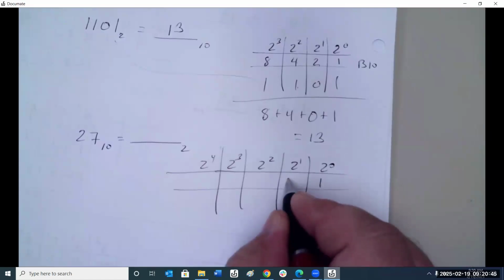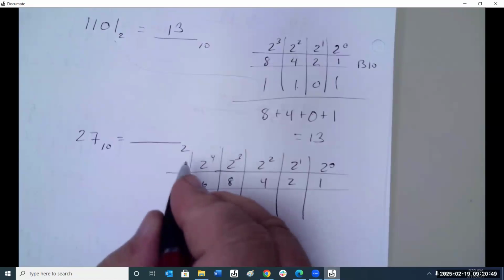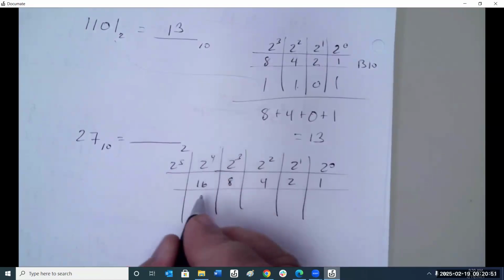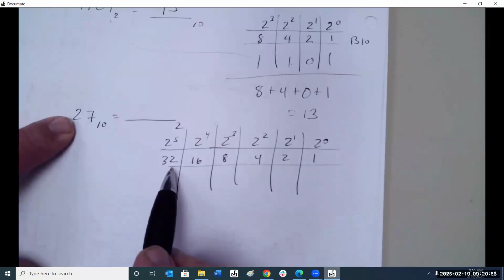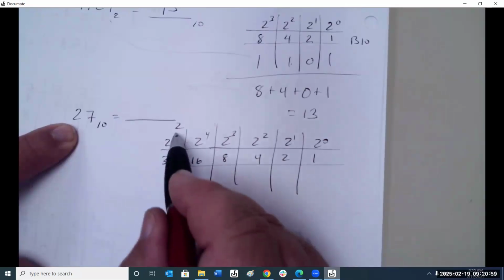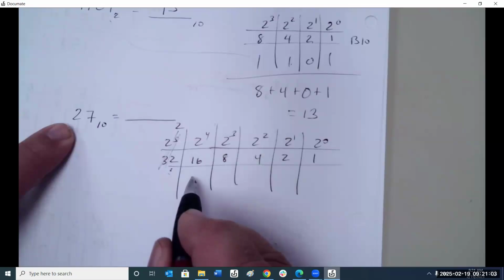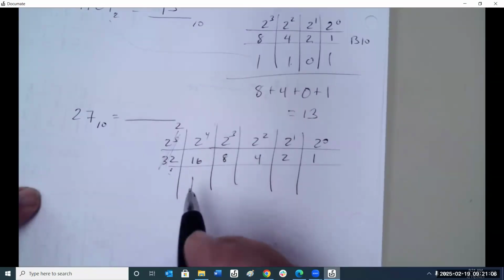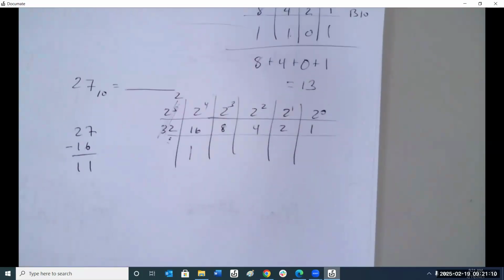We have 1, 2, 4, 8, 16. We have to keep on going until we get a number bigger than our answer. We can't use that. So how many times does 16 fit into 27? One time. So 27 minus 16 is 11.